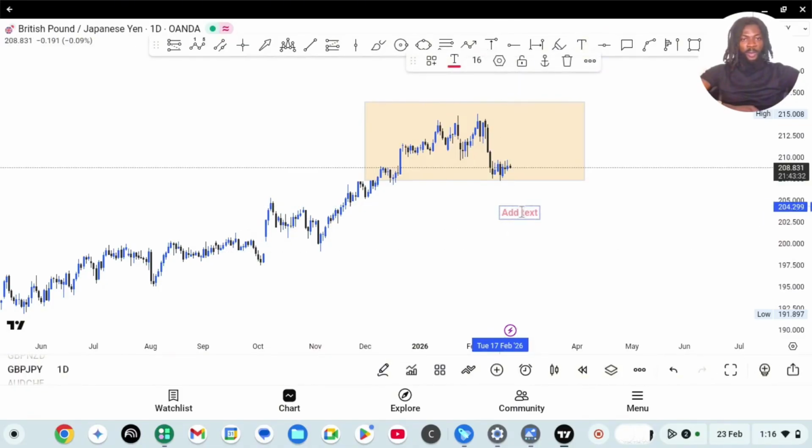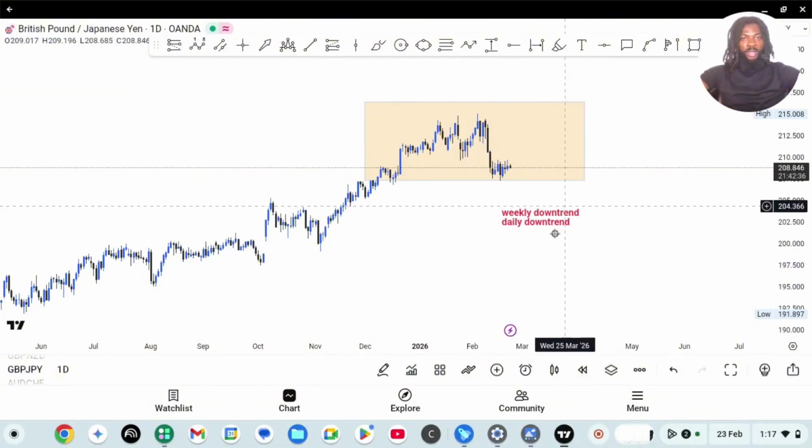Let me write it here. Weekly downtrend, daily also downtrend.